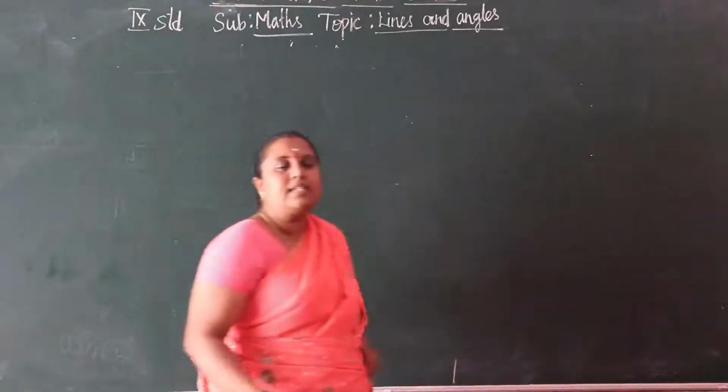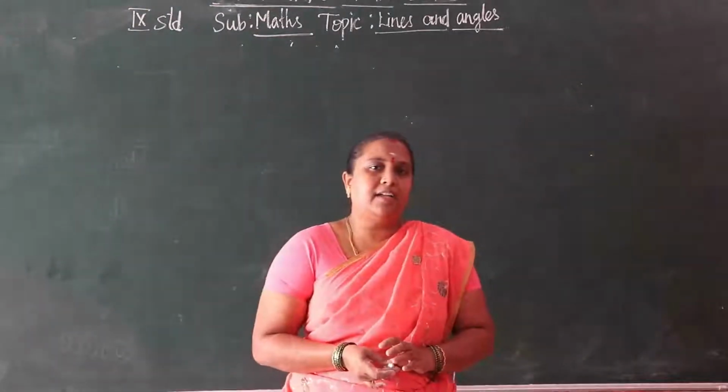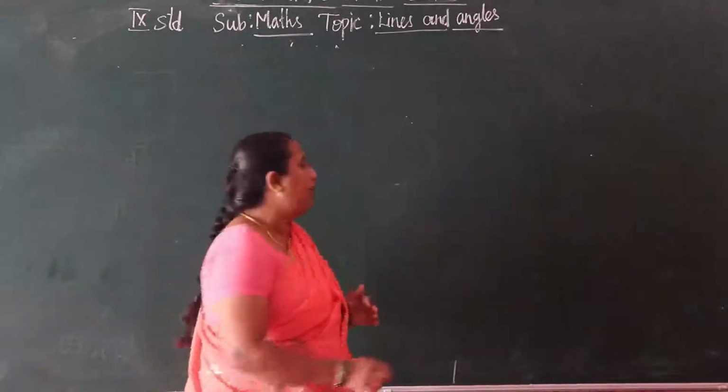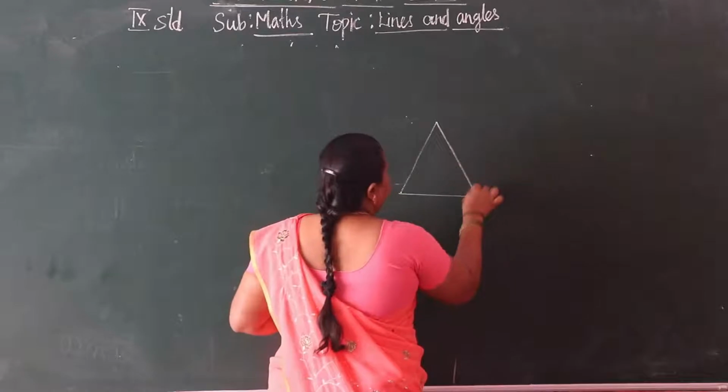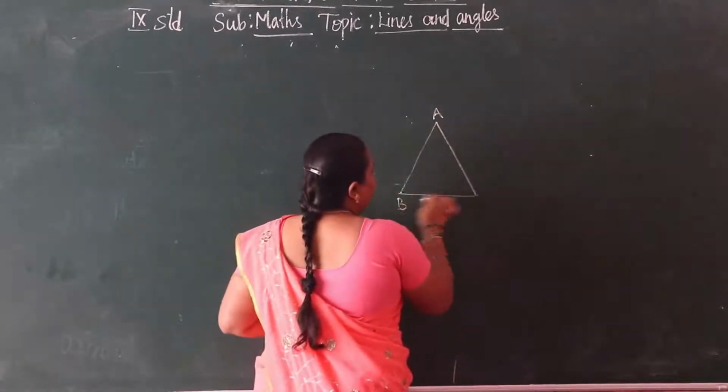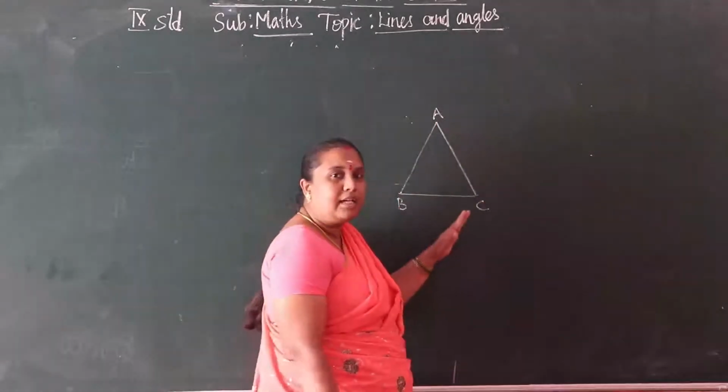See, children, what is the exterior angle property of a triangle? The exterior angle of a triangle. So this is a triangle ABC.